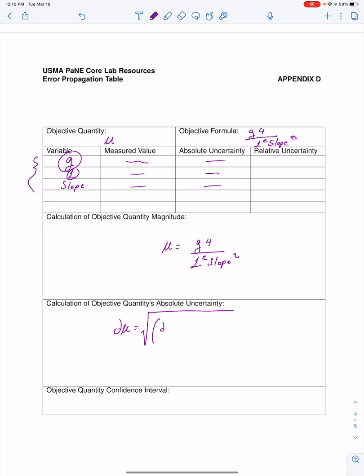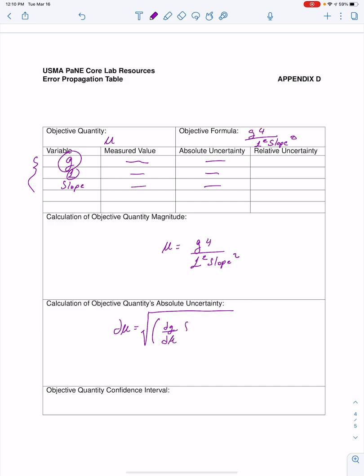So you need, it's the other way around. You need the gravity, the acceleration due to gravity. You need the propagation of error for that. Or not the propagation error. You need the absolute uncertainty.